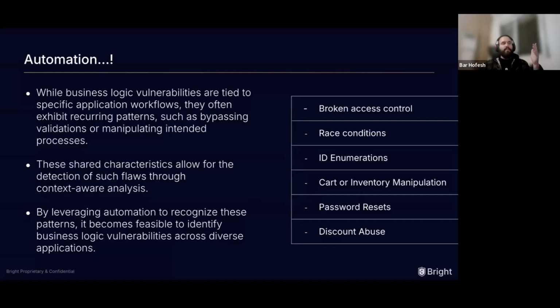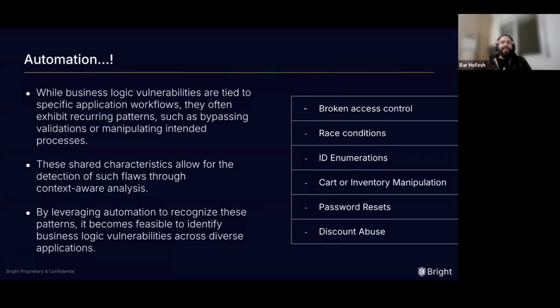A few examples of such common grounds, right? Broken access control, a common business logic vulnerability that happens across multiple applications, regardless of what they are. They can be a bank, they can be a project management system, they can be, I don't know, flight tickets or your local supermarket where you order food for the weekend.